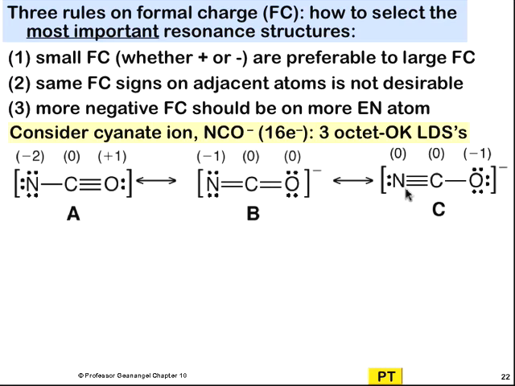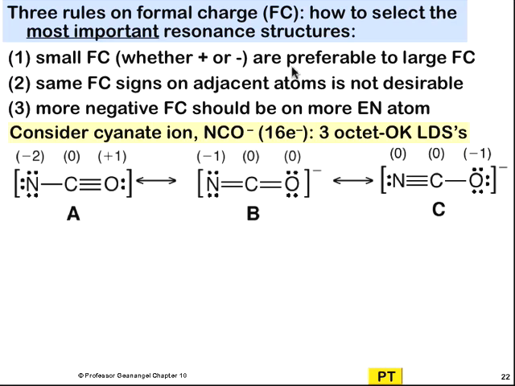Now C has a nitrogen-carbon triple bond and a carbon-oxygen single bond. And 3 bonds to a nitrogen with a lone pair gives 0 formal charge. 4 bonds to carbon gives 0. 1 bond to oxygen, if you have 3 lone pairs, is a formal charge of -1. So notice both of these have the same set of formal charges, a 0 and a -1.